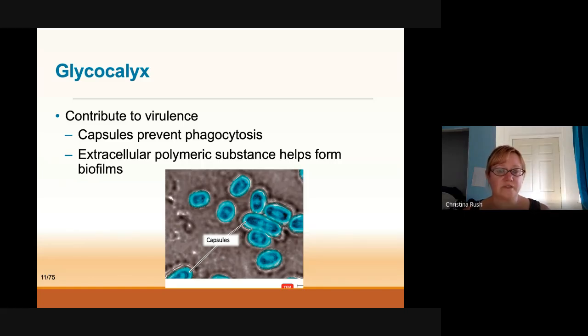There are also extracellular polymeric substances that help form biofilms. Once we form a biofilm, the cells are protecting each other, and they also aid in evading the immune system. So that's all I have on the glycocalyces.